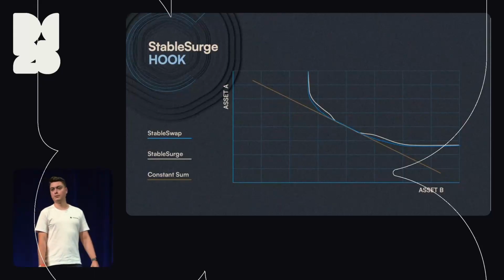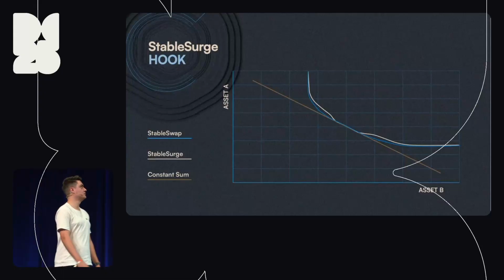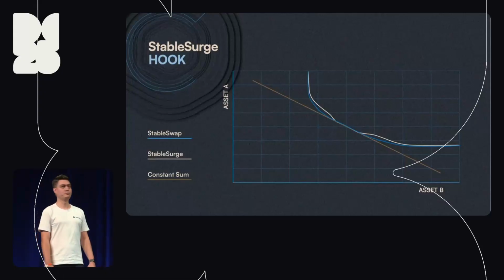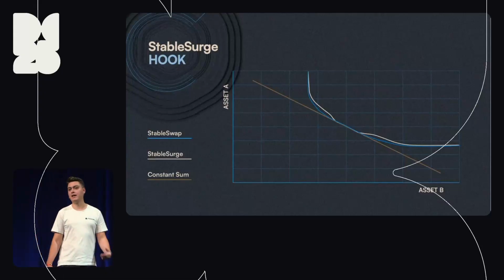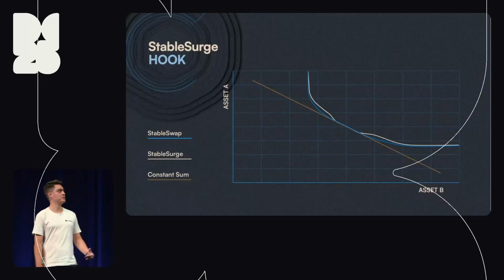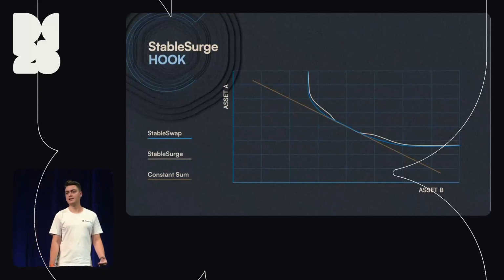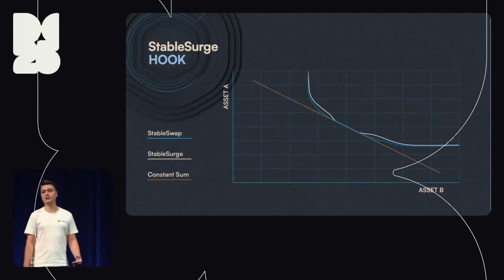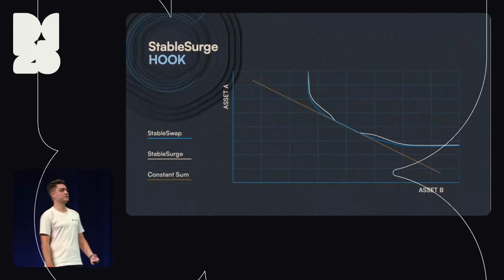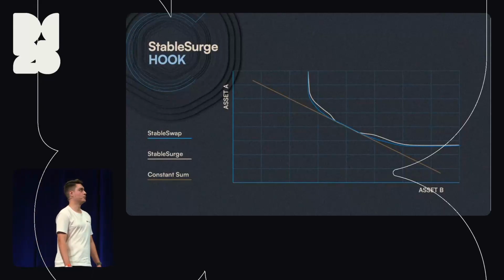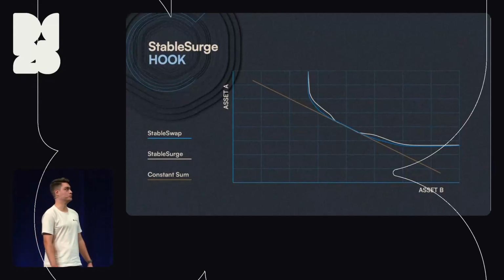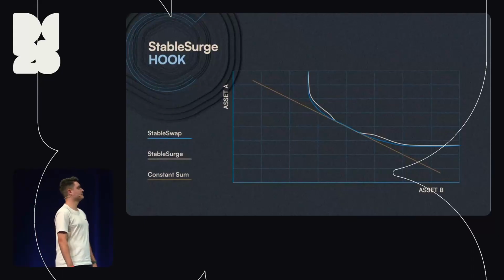This one is built on top of StableSwap, so the math built by Curve, but in this case we have a dynamic fee. It's designed to protect assets from depegging and charge a fee on the traders that are trying to dump their tokens into the StableSwap pool. Pretty interesting for stablecoin issuers and other projects like that.